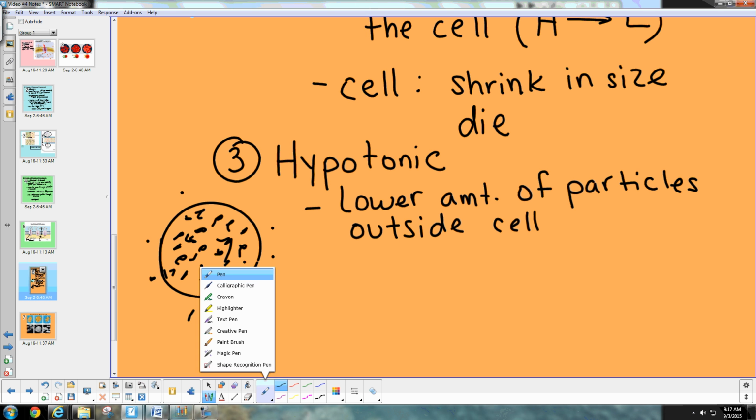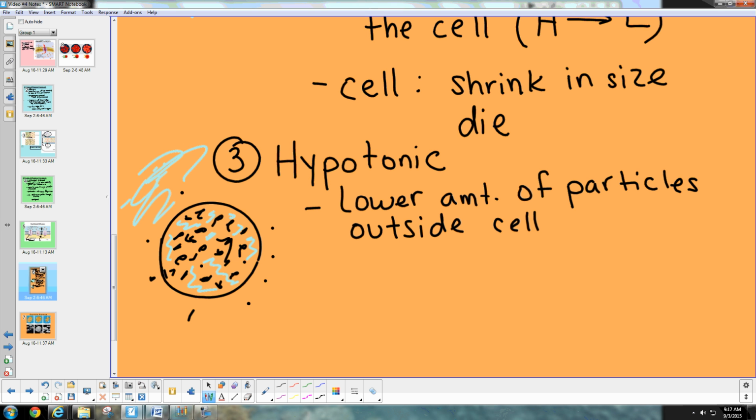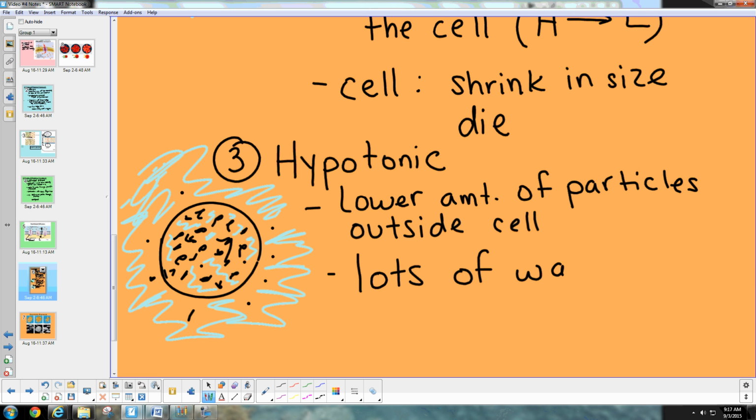So if we think about water, not so much water is taking up the inside of the cell, but there's lots of water outside of my cell. Look at all that water. Okay, so I'm going to put lots, I was going to say more, water outside the cell. So what direction?